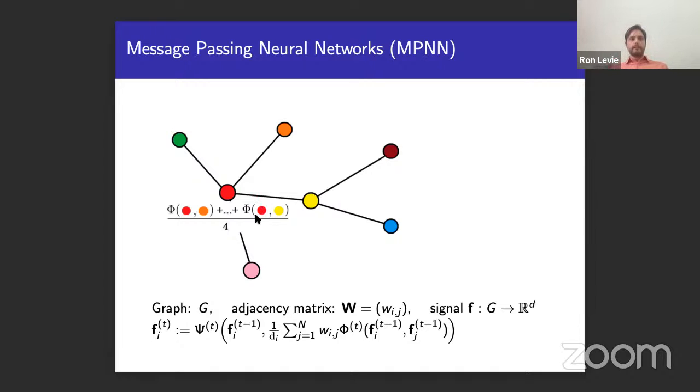Then we apply the same message function to all of the neighborhoods. This is why we can think about it as a sort of nonlinear convolution, because we use the same template everywhere. Then the aggregated message is plugged into another trainable function, called the update function, that takes the previous value of the node and the aggregated message. And then we have many layers of this, and each layer is based on a different trainable message and update function.